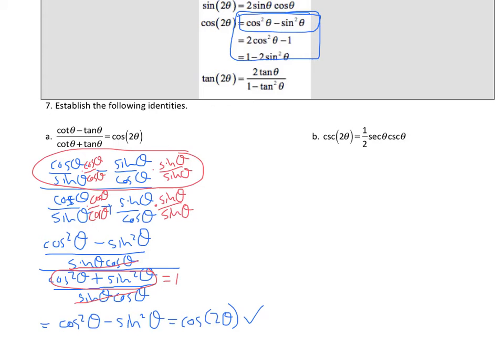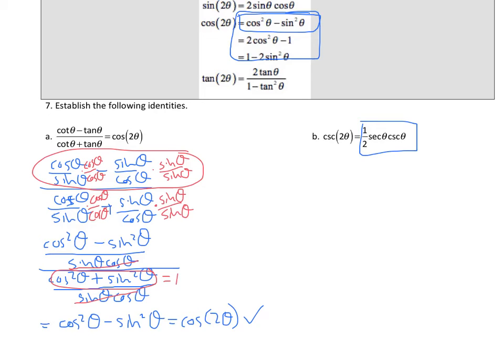Now in this next one, we are trying to get 1/2 secant theta cosecant theta equivalent to cosecant of 2 theta. Now, it doesn't matter which side you start with simplifying. Usually you want to start with the more complicated side and simplify it to look like the more simple side. So I'm going to start on this side.